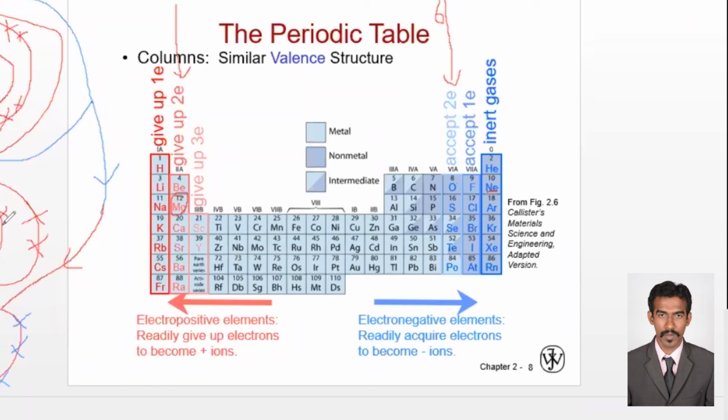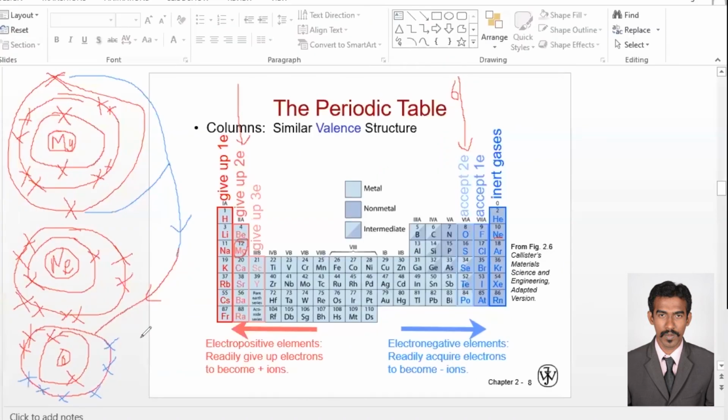Neon also has 2 electrons and 8 electrons. Now oxygen also has 2 electrons and 8 electrons, right? So now the electron configuration of neon is similar to the oxygen.